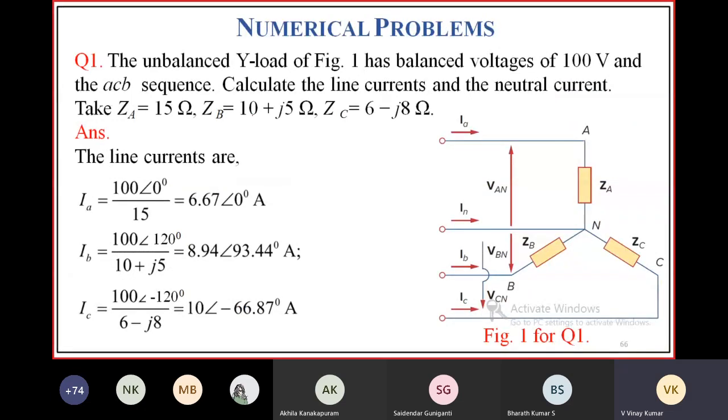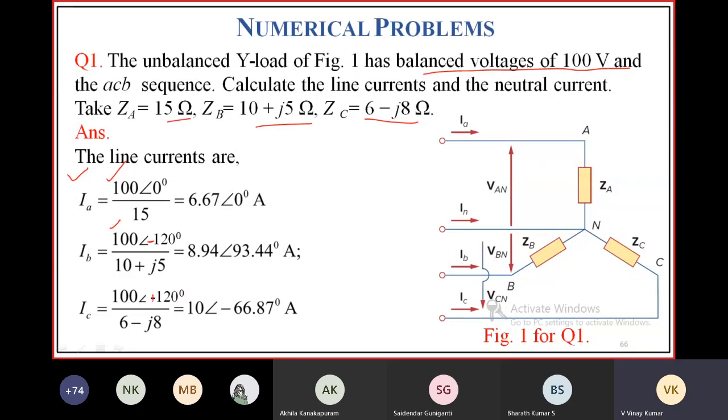ZA is 15, ZB is this much, ZC is this much. So all are not equal in magnitude, and they are different in phase angles also. So we can find IA is equal to phase voltage 100 at an angle of 0 degrees by 15, IB is 100 at an angle of minus 120 degrees by 10 plus J, and IC is 100 at an angle of plus 120 degrees by 6 minus J. Balanced voltage means 100 at an angle of 0 degrees.